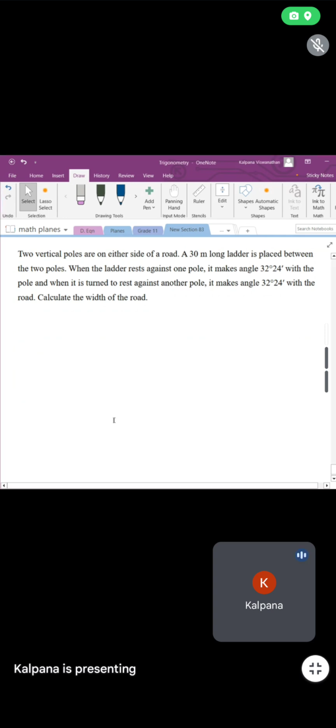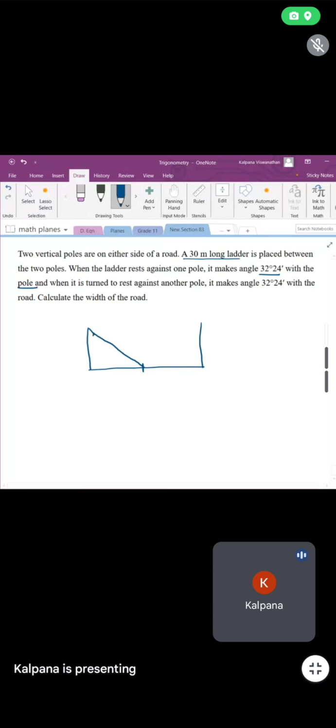So how can we draw the figure here? Two poles are on either side of the road. So you have a road here. Two poles are there on both the sides. A 30-meter long ladder is placed between the two poles. So imagine the ladder is placed here. When the ladder rests against one pole, suppose the ladder is resting against one pole. It makes an angle 32 degree 24 minutes with the pole. With the pole means what?